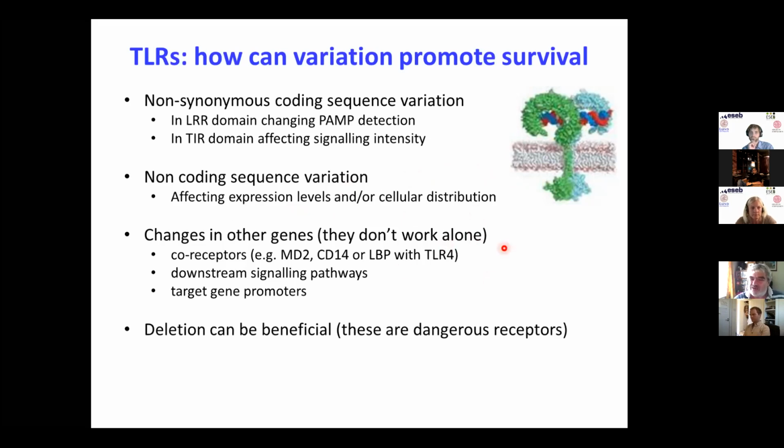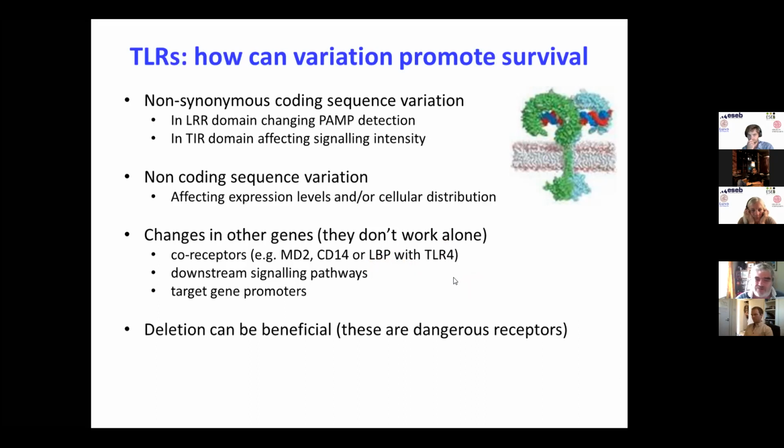But the other thing we have to remember is that changes in other genes can affect the way that TLRs work. For a bunch of TLRs, there are co-receptors. Particularly with TLR4, interacting with lipopolysaccharide actually involves a complex of molecules, including MD2, CD14, and lipopolysaccharide binding protein, to optimally stimulate TLR4.